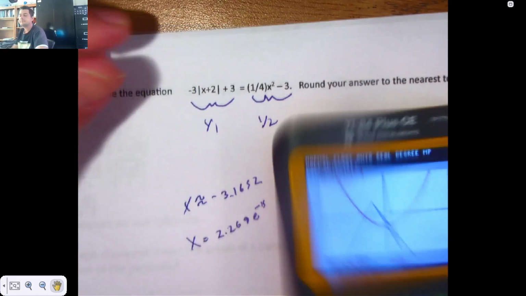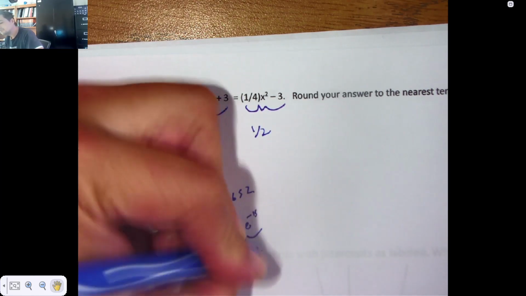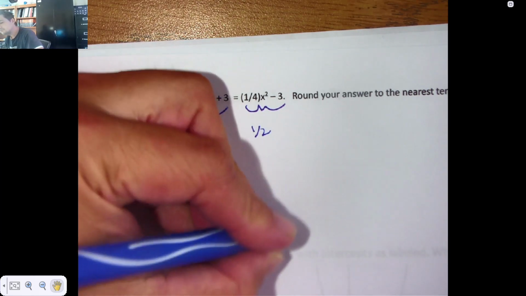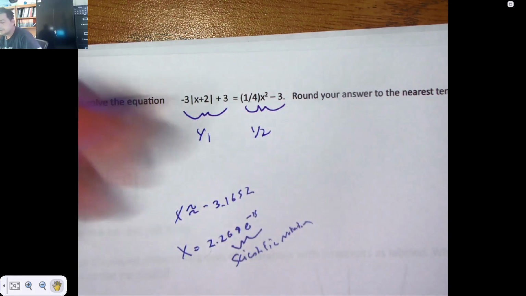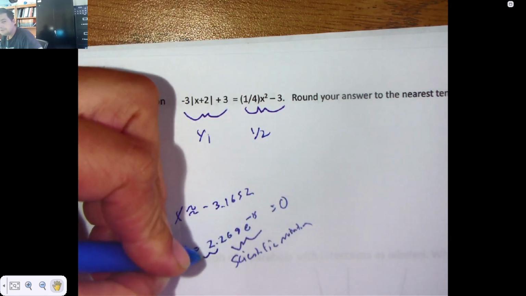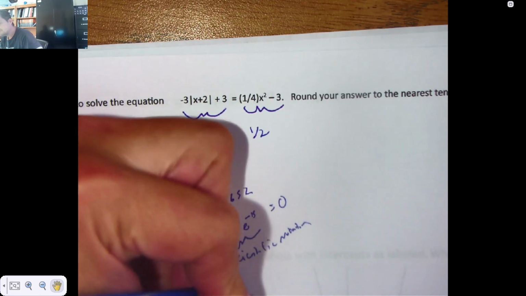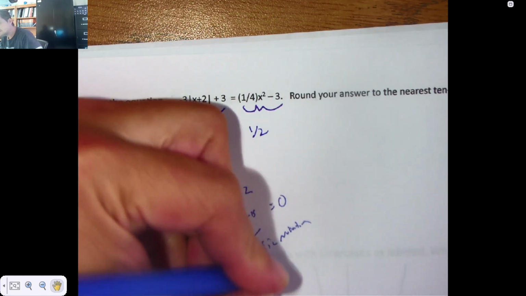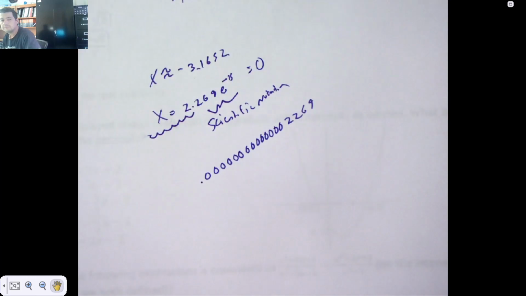Look at that. This is scientific notation. I did this problem earlier and it actually told me x was 0. It is 0 because you are supposed to move that decimal 15 places to the left. 6, 7, 8, 9, 10, 11, 12, 13, 14, 2, 2, 6, 9.